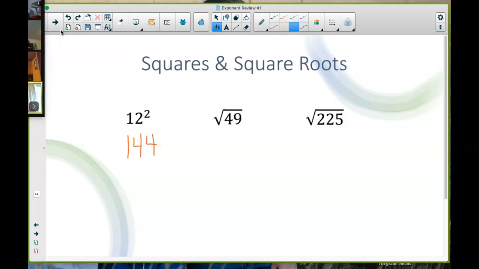If I ask you to do square roots, I'm going to ask you to find the 2 square roots. And remember, you can use your calculator, but your calculator is only going to give you the positive answer. So the square root of 49 is 7 and negative 7.